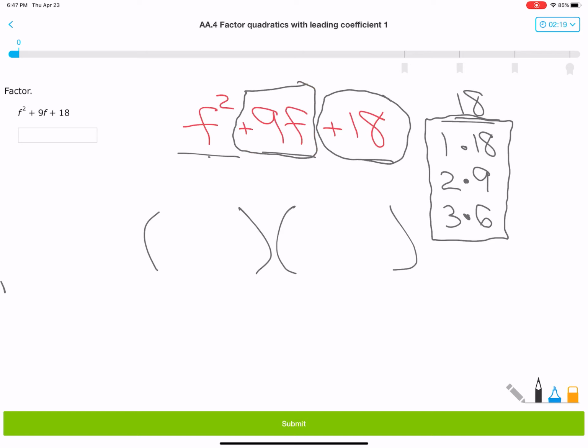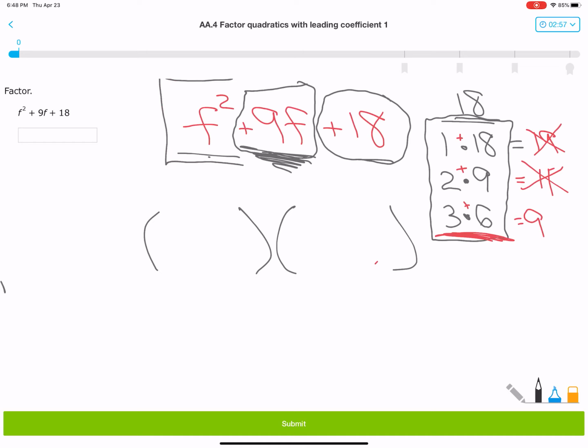I'm going to find which pair of my factors will add up to a positive 9. 1 plus 18 equals 19, so I know that's not it. 2 plus 9 equals 11, I know that's not it. But 6 plus 3 does equal 9. So I know that these are the factors that I'm going to want to use.